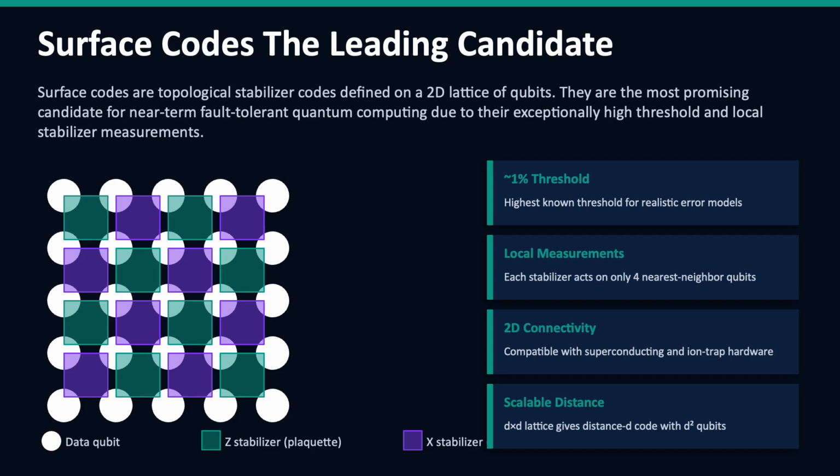The location of the disturbance points directly to the location of the error, like how a broken tile in a floor pattern stands out against the surrounding intact tiles. This intuitive geometric picture of error propagation makes surface codes remarkably transparent and easy to reason about.